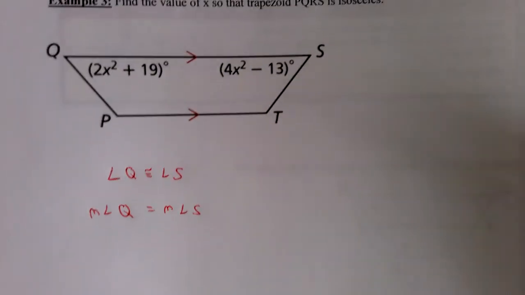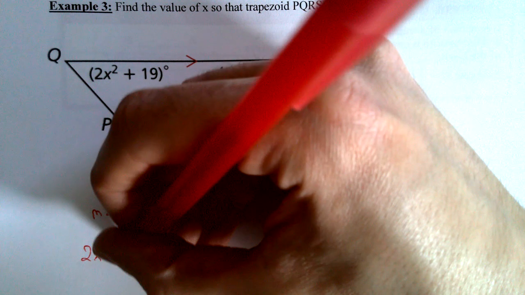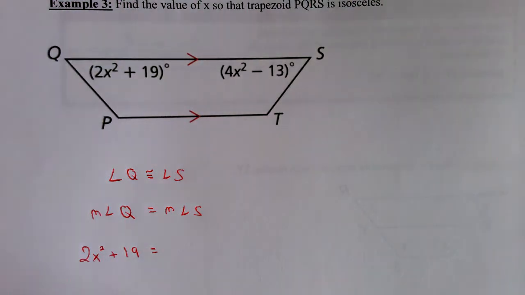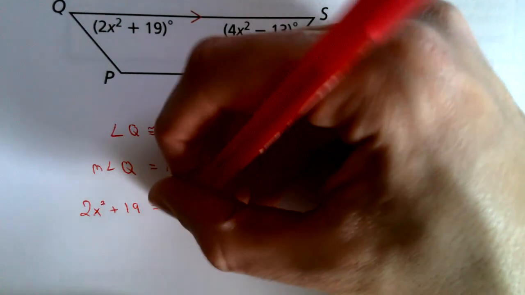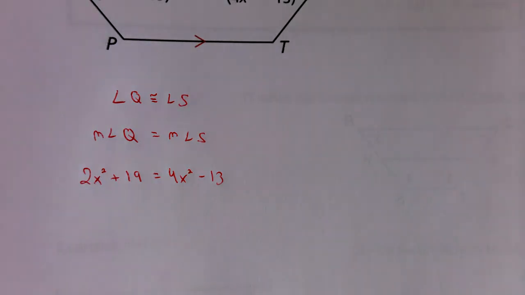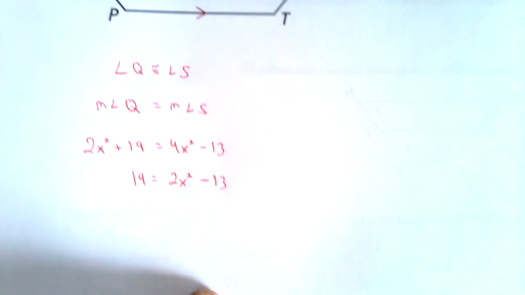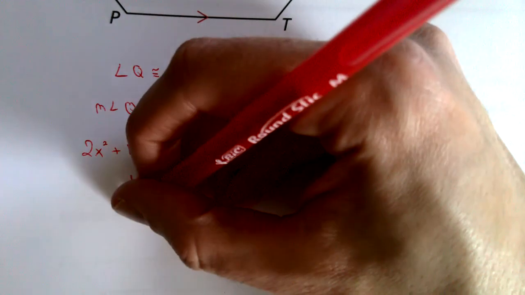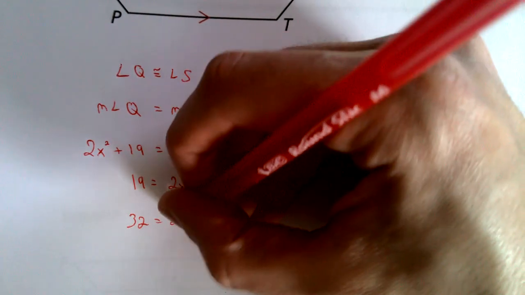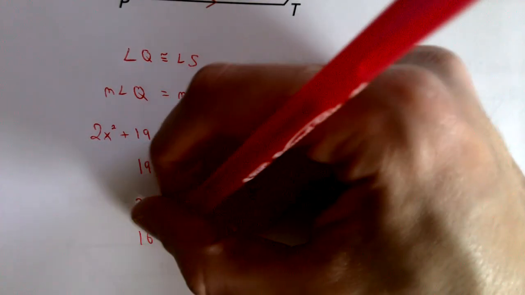So 2x squared plus 19 must equal 4x squared minus 13. Subtract 2x squared on each side. Add 13 to get 32. Divide by 2. 16 equals x squared.